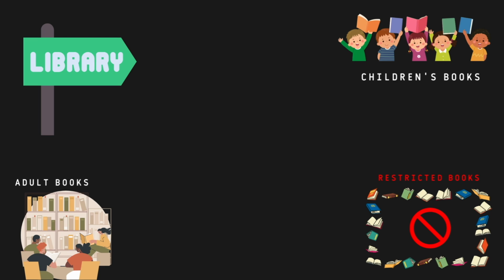Children can only access the children's section, adults can access both children's and adult sections, but only librarians can access the restricted section. So what row level security in a database does is allow you to define rules that determine which rows, in our analogy that's books, a user, in our analogy a visitor, can see or modify based on the role that they have.